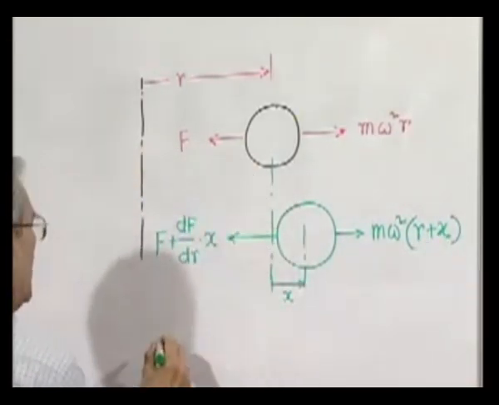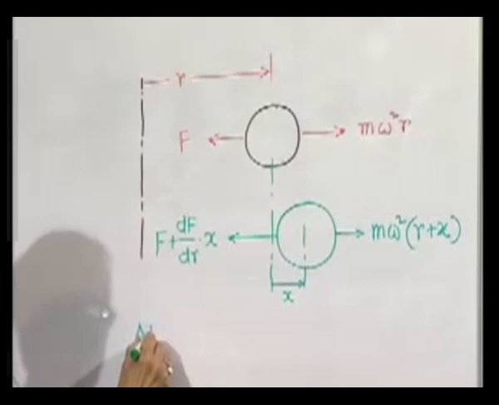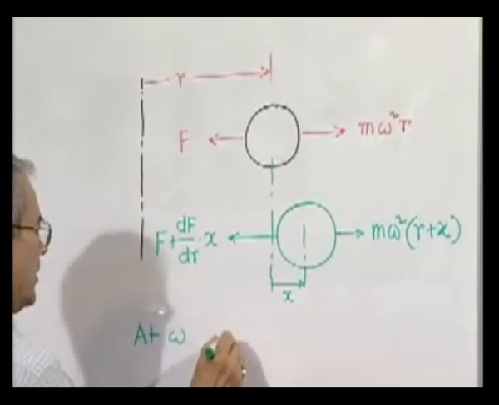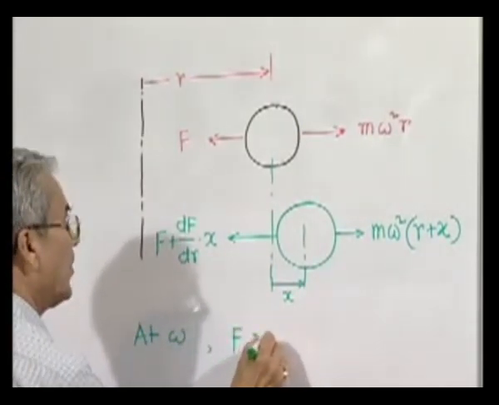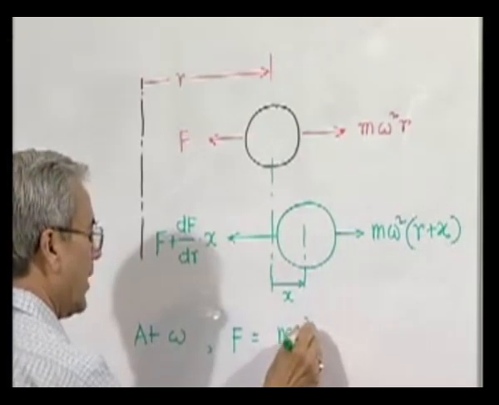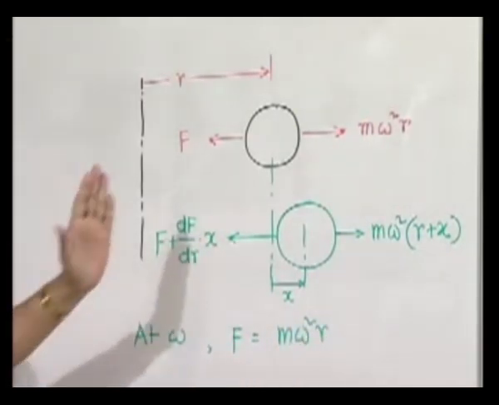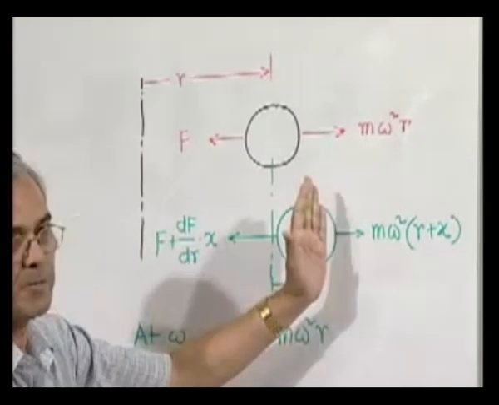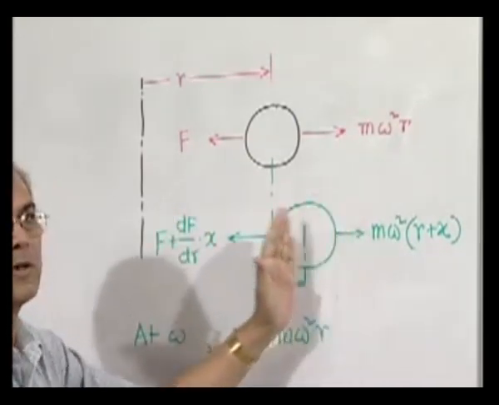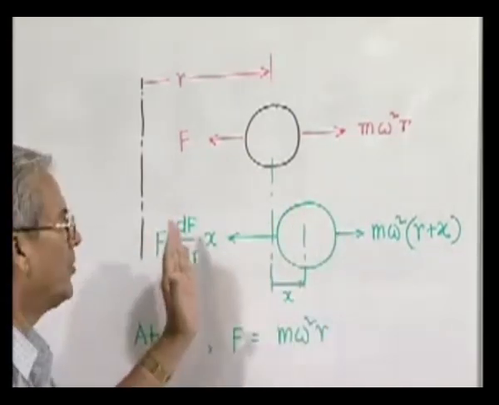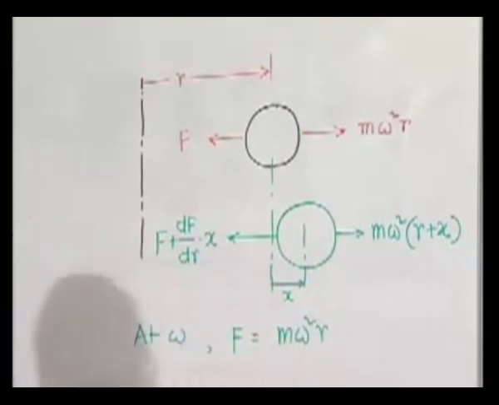Now if at operational speed omega, by definition F is equal to m omega square r. That was in equilibrium. What we have done, we have given a displacement and we want to see how it changes, what frequency, that will be the natural frequency of the system.